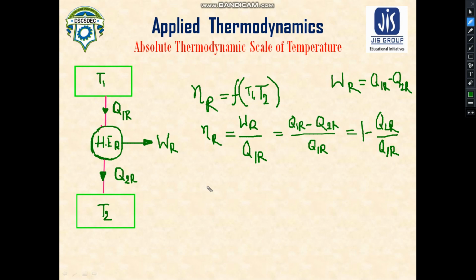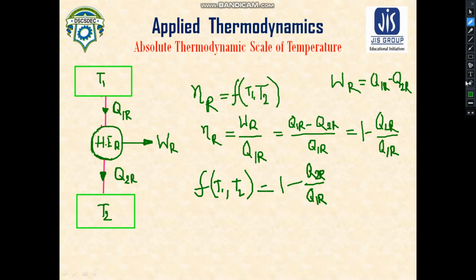So what I am trying to say is that this term, Q2R divided by Q1R, should be a function of the temperatures of heat addition and heat rejection. It is very easy to understand.